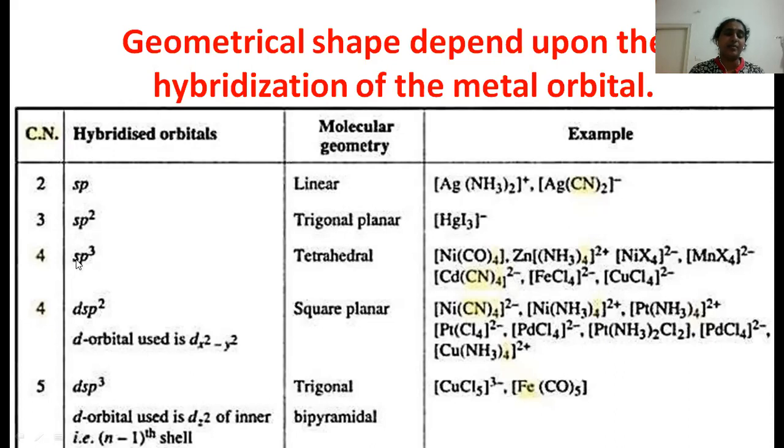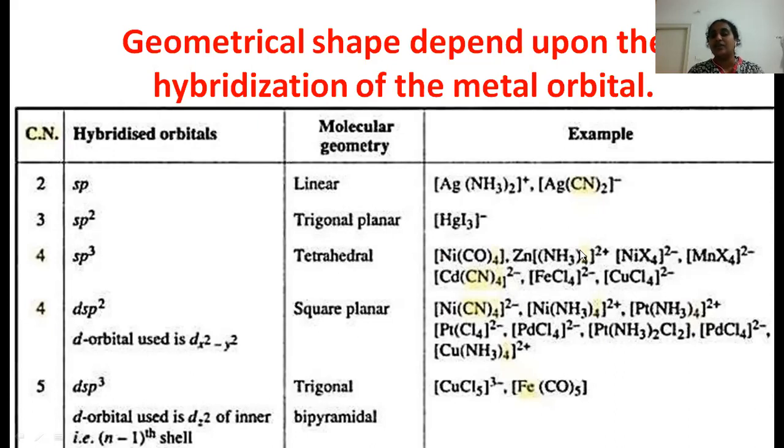That means one s orbital and three p orbitals are involved, so the geometry of this complex is tetrahedral. These are all examples of tetrahedral geometry, and in all these complexes the coordination number is 4. In nickel tetracarbonyl, 4 is the coordination number, the geometry is tetrahedral, and the metal undergoes sp3 hybridization.